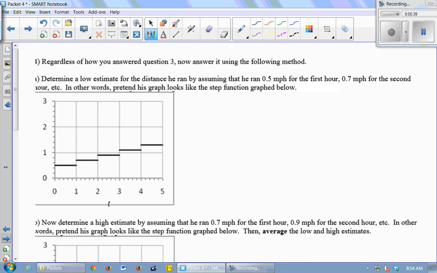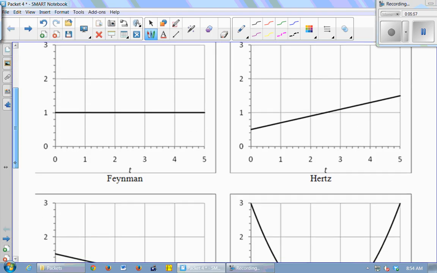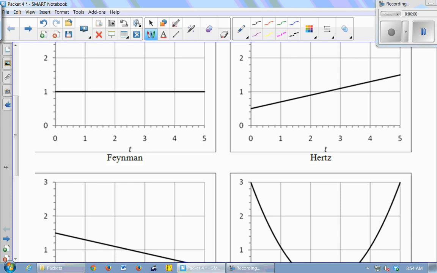I'm sure that other people had other approaches for coming up with Hertz's distance traveled, but now we're going to use another method. We're going to come up with an underestimate for how far he traveled by looking at each hour separately. If you look at the first hour that Hertz ran, he started running at half a mile per hour, and he finished running at about 0.7 miles per hour.